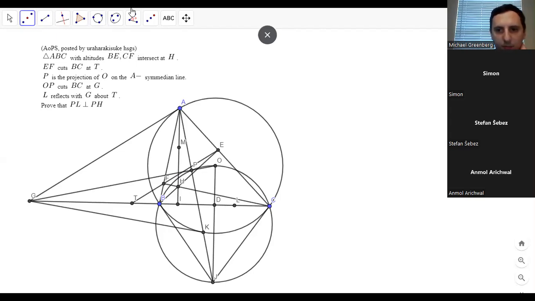Okay. So yeah, in triangle PGL, T is the midpoint of GL, and in PAH, M is the midpoint of AH. So maybe we could show PGT is similar to PAM. So yeah, MP is parallel to HK.